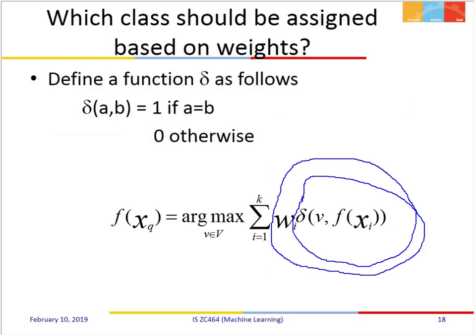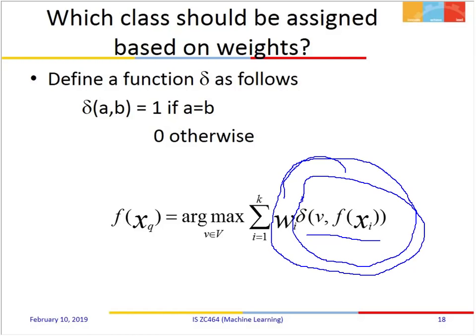So this delta v, f of xi is going to be either 1 or 0, but this will be multiplied with the weight, and weight is nothing but the expression which is inversely proportional to the square of distance between xi and xq. xi is the point within the vicinity of those 5 neighbors or k neighbors, and then we are trying to figure out their contribution and then trying to compute the maximum. Now the maximum will be computed on the basis of this weight.